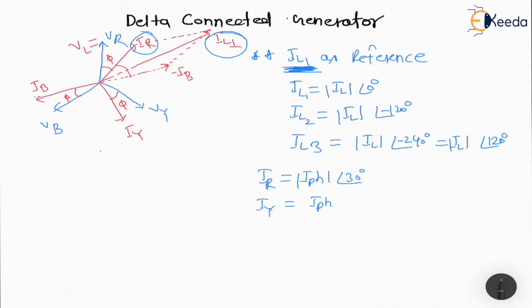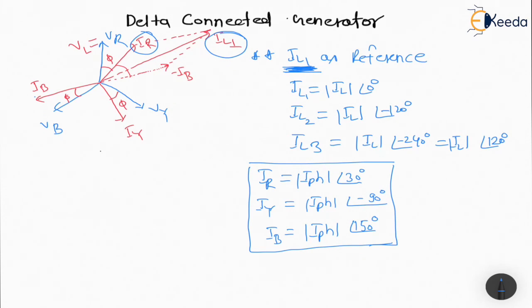IY will be equal to IPH at the angle of minus 90 degree or 270 degree, and IB we can write as IPH at the angle of 150 degree. These are all the currents I have written by assuming line current as reference current. So here it is all about the delta connected generator. Thank you.